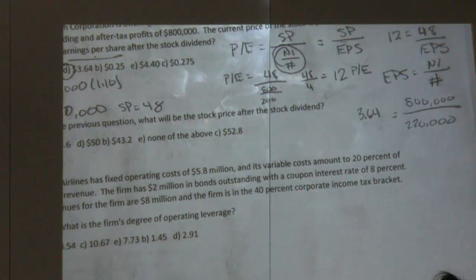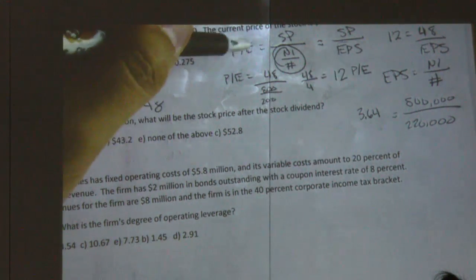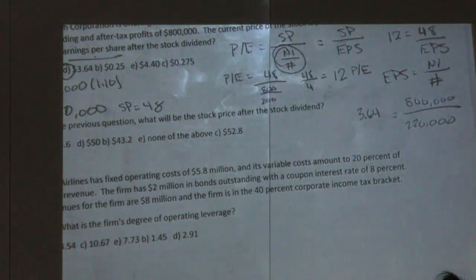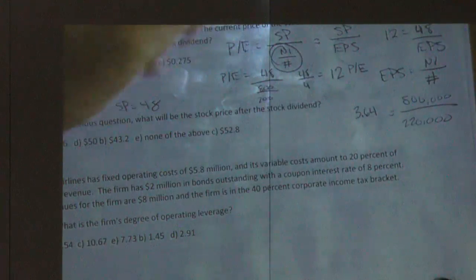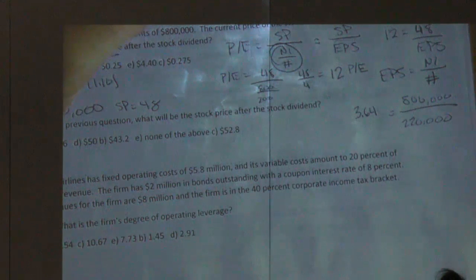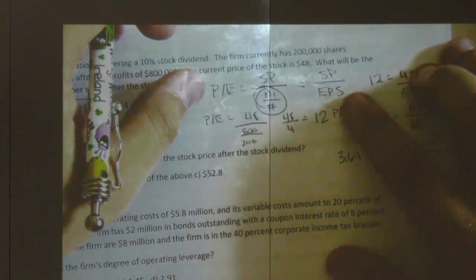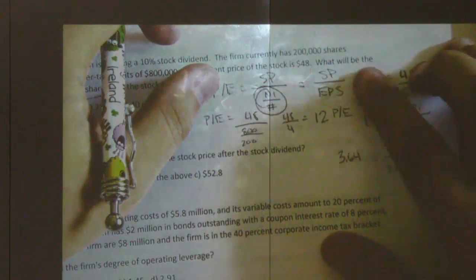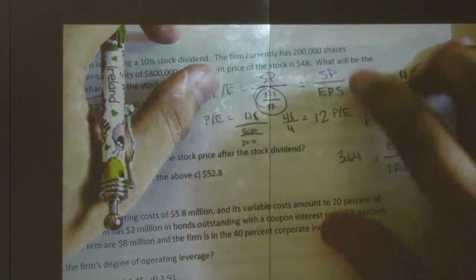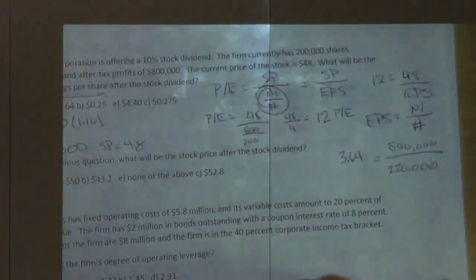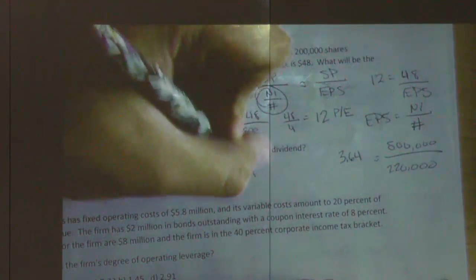For the previous question, what will be the stock price? So here we're trying to find our new stock price. We found our new EPS of 364, and we know our new PE ratio. PE equals SP over EPS. We want to find the new stock price, so it's pretty straightforward.